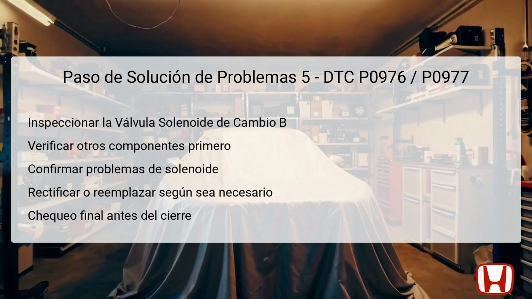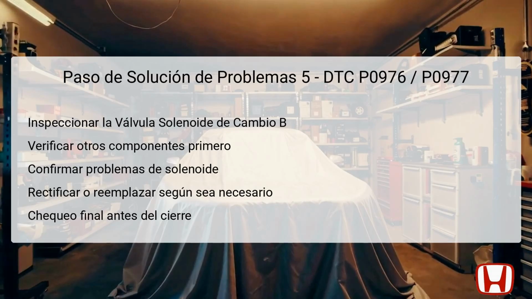If prior inspections rule out problems with the wiring and TCM, it's likely that the solenoid is at fault. Confirming issues with the solenoid involves looking for signs of mechanical or electrical failure. Based on these findings, rectification might involve either repair or replacement of the solenoid.